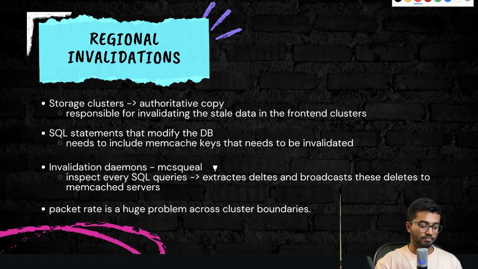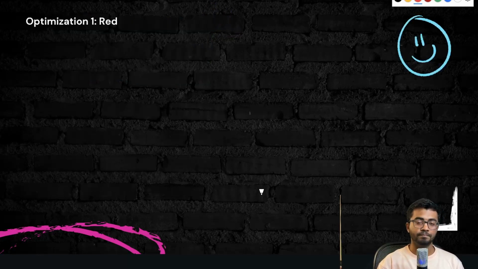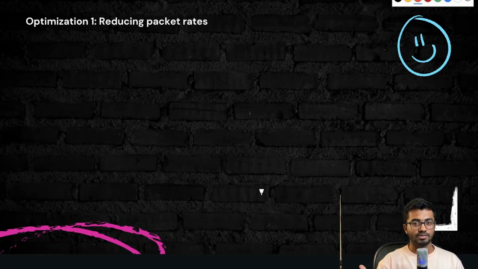That is a huge problem because we are talking across cluster boundaries. That will cause a lot of network choking. So we'll have to optimize how we invalidate the clusters, so that each front-end cluster has the latest data as soon as possible, and there is not enough load just for doing cross-network communication.